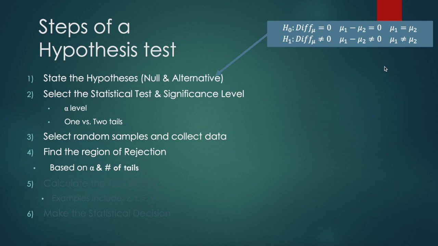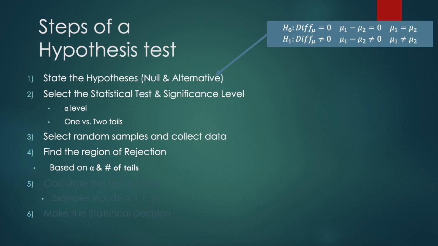Once we know what we're actually wanting to compare, the next step is selecting the statistical test and significance level. So generally, the alpha level is going to be 0.05. And again, like I mentioned before, we're going to go with two tails whenever applicable with a t-test. From there, we're going to select a random sample and collect data. We're then going to find the region of rejection, either based on the alpha and the number of tails or the t-test value.